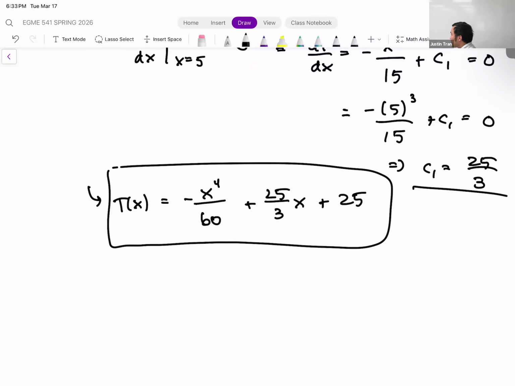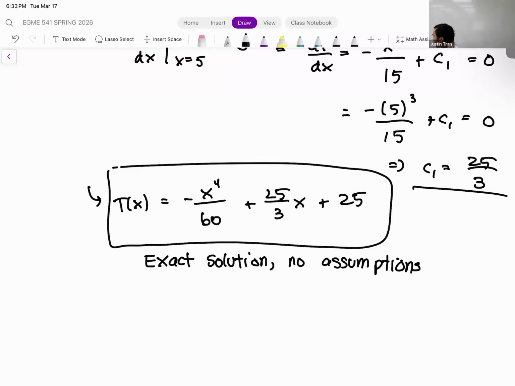In this case, because we have just a simple one-dimensional situation, we are able to solve the equation directly, and so we can say this is our exact solution. We didn't make any assumptions on the form of the solution or on simplifying things. This is just the solution to our problem.